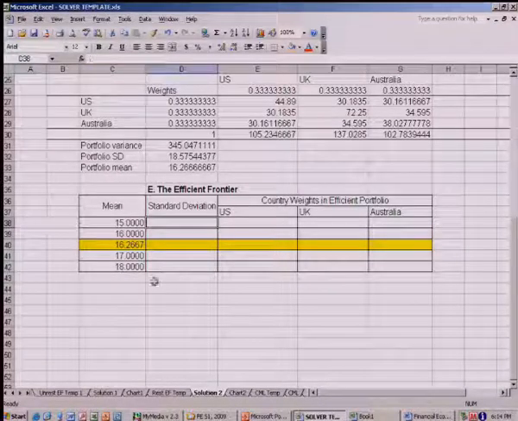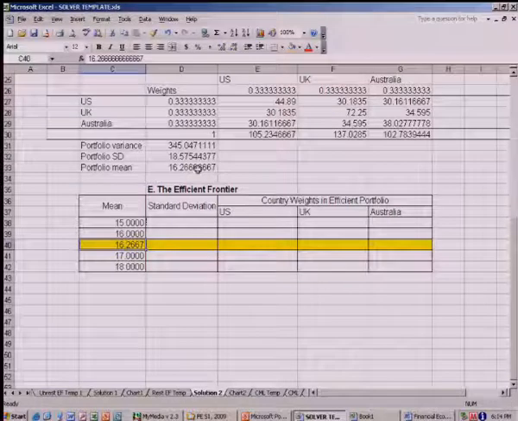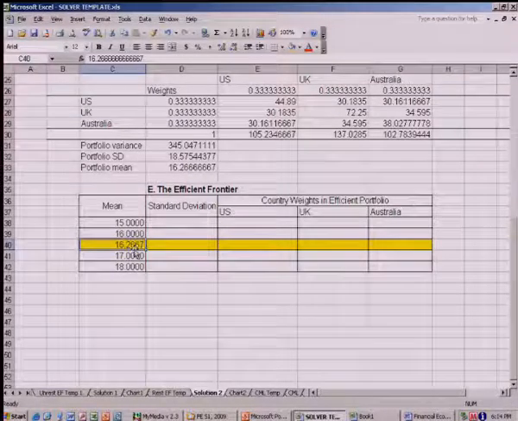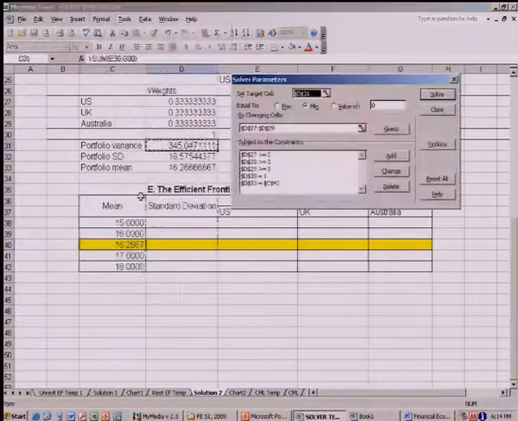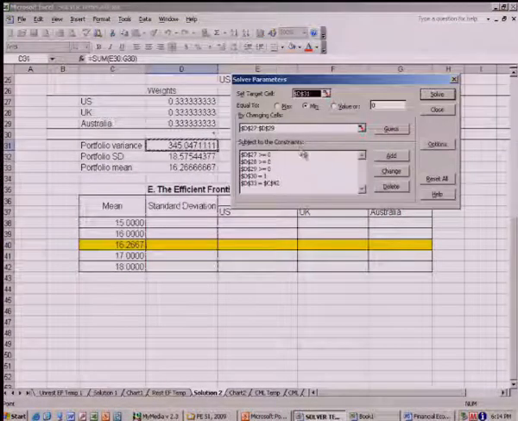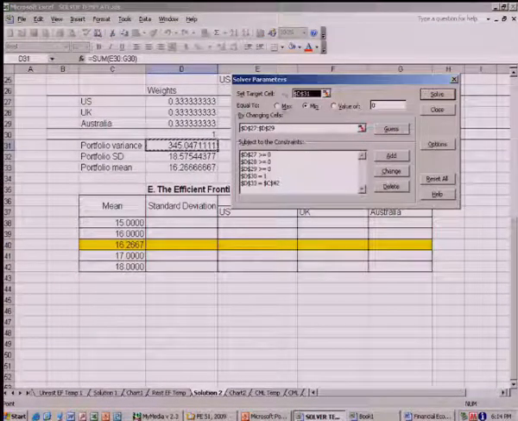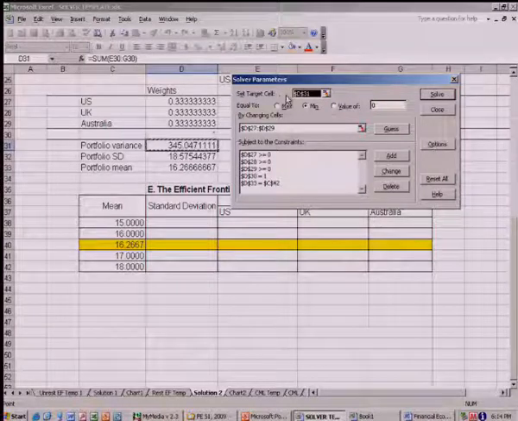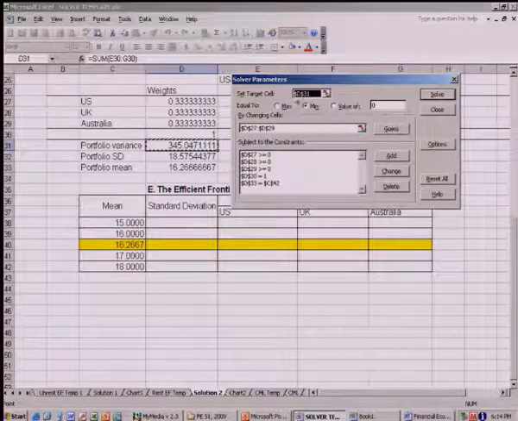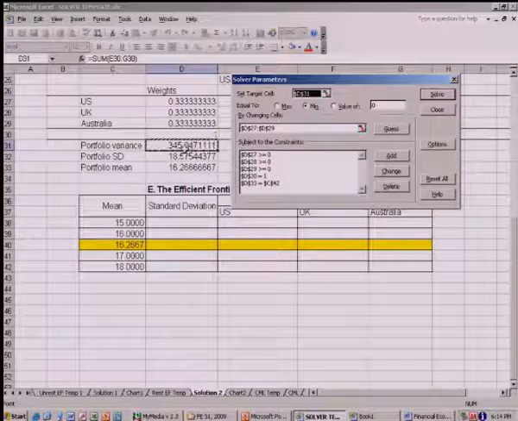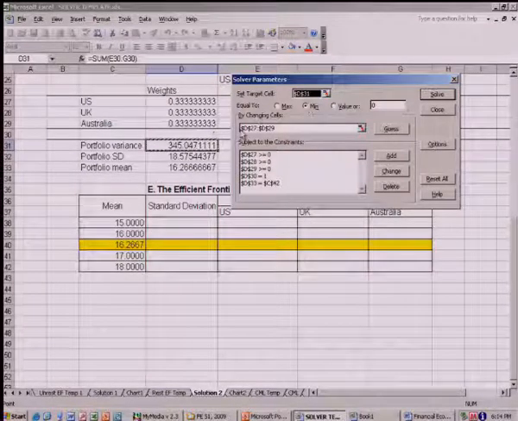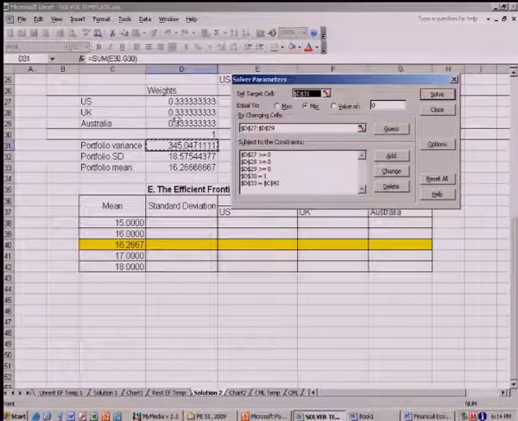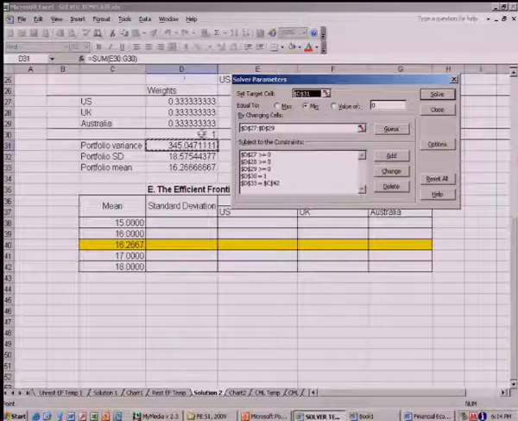So what I need to do now, I have my equally weighted portfolio expected return. I'll go to the tools and then the solver, and you can see that I have already specified to the solver that I want my portfolio variance this time to be minimized. I want this to be done by changing the weights on the individual assets in the border column.